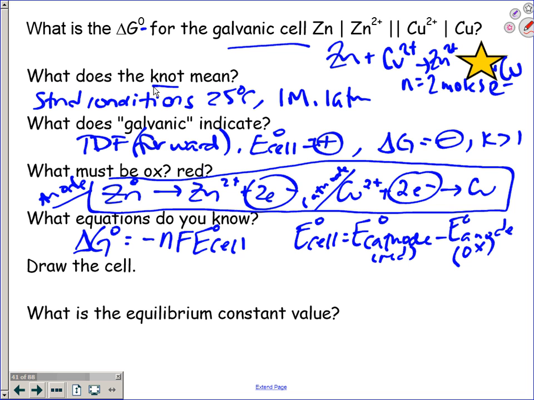The zinc reduction potential is negative 0.76 volts, and the cathode reduction potential is 0.34 volts. Go, find delta G. Negative 0.76 and positive 0.34.